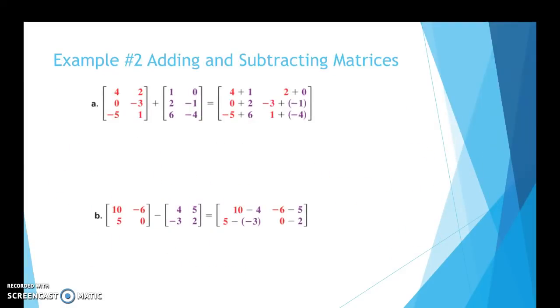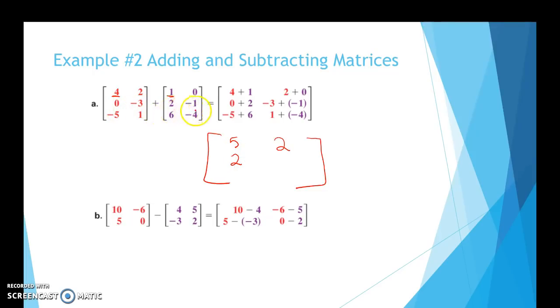The next example, they want us now adding and subtracting matrices. So notice for A here, we have our purple matrix and our red matrix. And what we're going to do is add these numbers. So the way we go about adding this is we would add 4 plus 1 here, and I kind of started showing it to you here as well. So 4 plus 1 is going to give me 5. Then we add 2 and 0 to get 2. We add 0 and 2 to get 2.